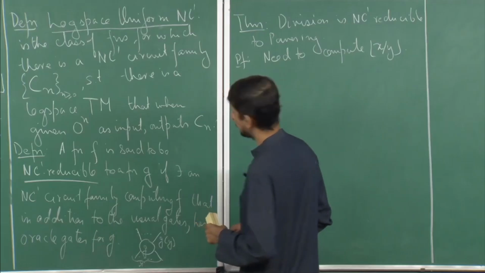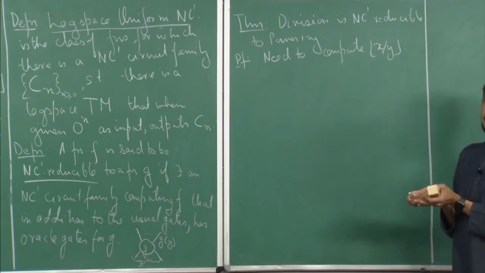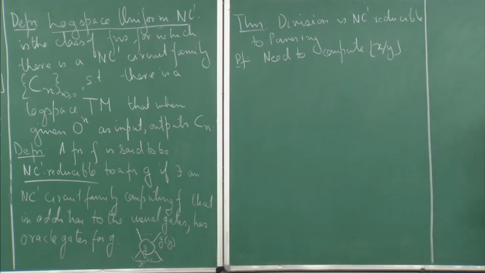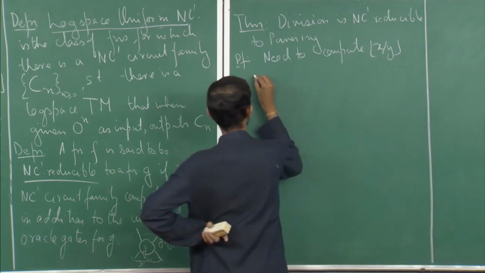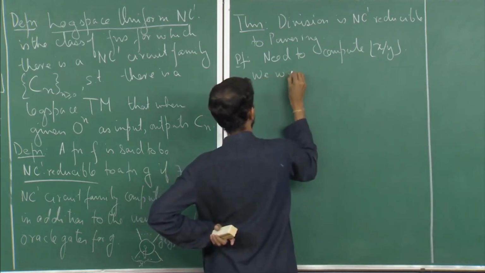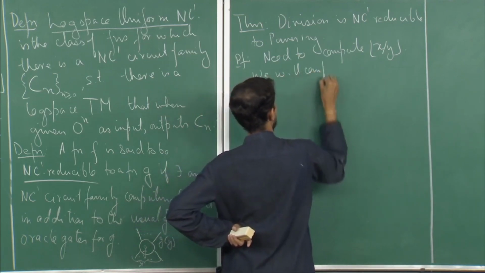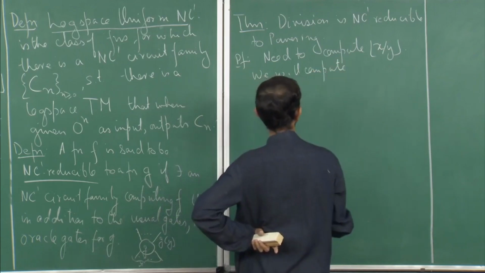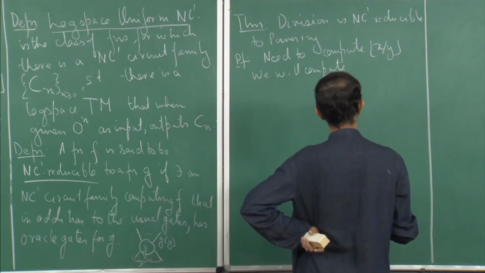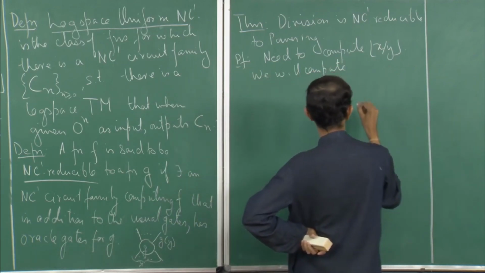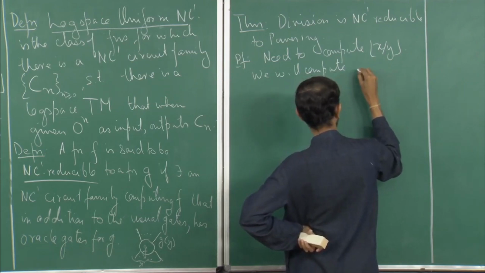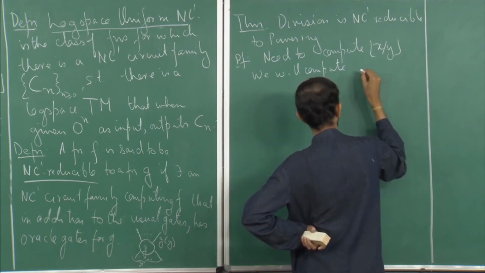What we will show is that we will not compute 1 over y exactly, but we will compute an under approximation of 1 over y. Let me write this.